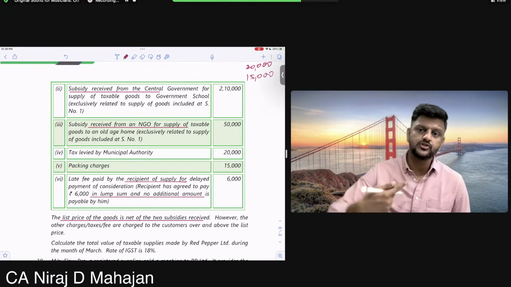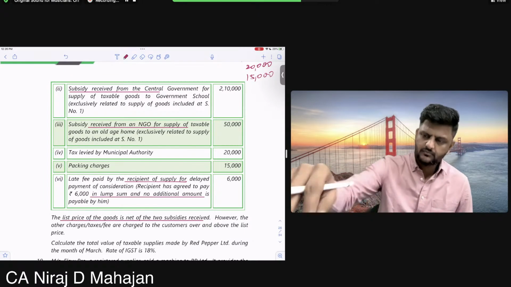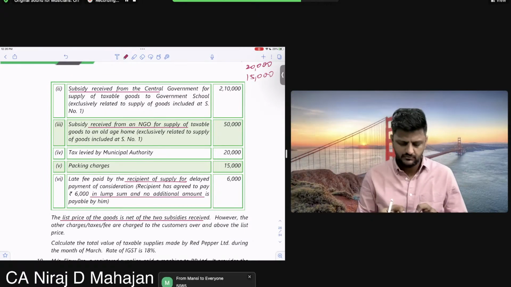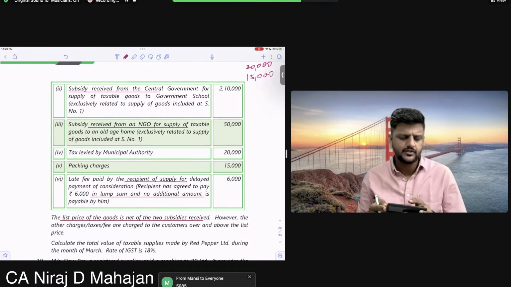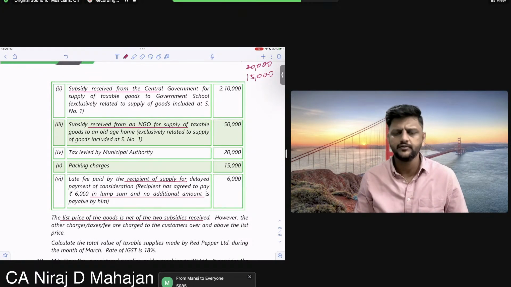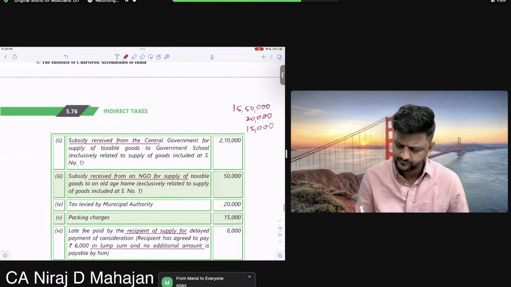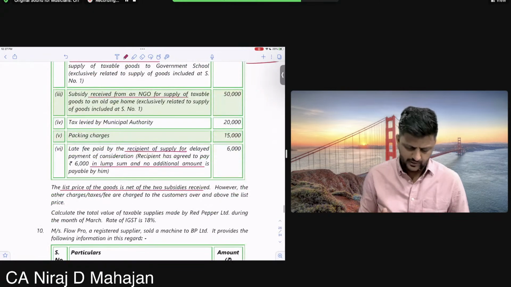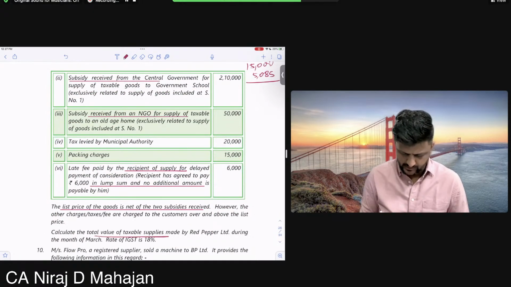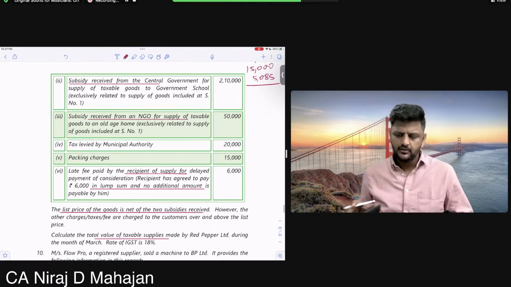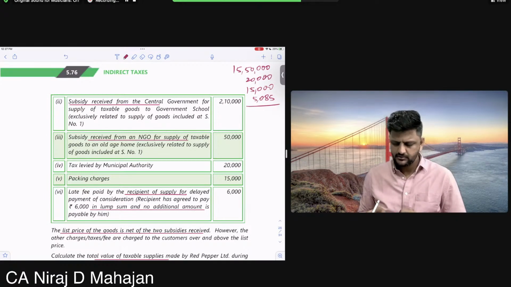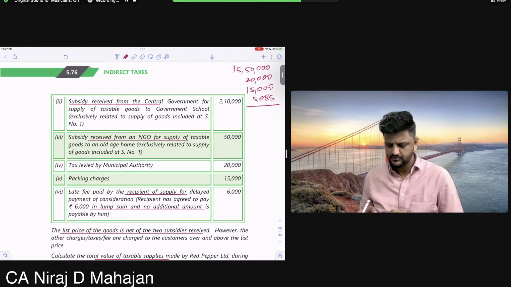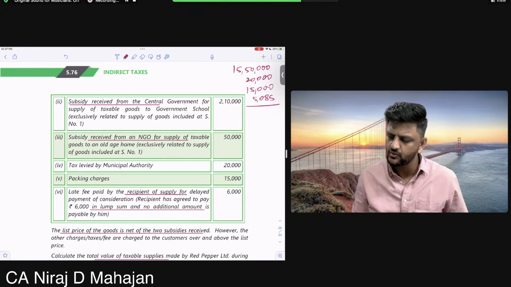So this is 6,000, you will have to do reverse calculation. 5,085. Good. What are they asking? Calculate total value of taxable supplies. Plus 35,000 plus 15 lakh 50,000. 15 lakh 90,845.